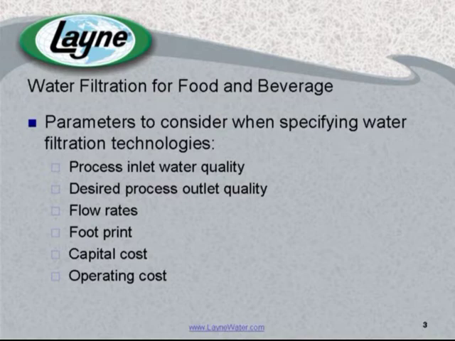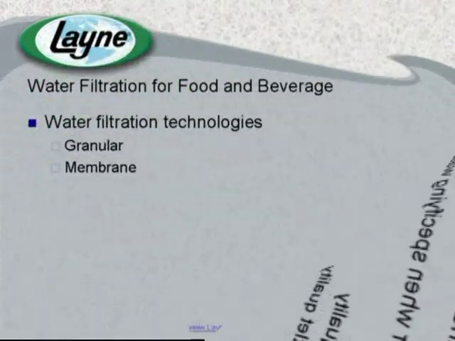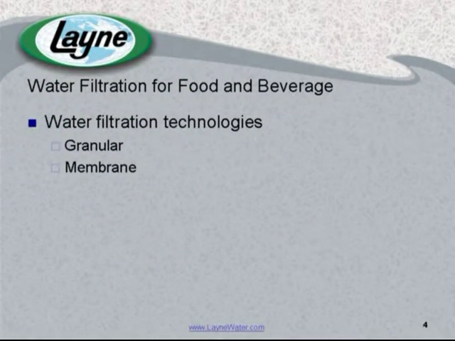And then you need to look at flow rates, the footprint available to you, how much space you have within your facility, or is it going to be located in an exterior environment, capital cost, and operating cost. If you look at those parameters in conjunction with what process am I trying to treat and what's the desired outcome, you get a pretty good feel as to where to head as far as the types of filtration available to you.